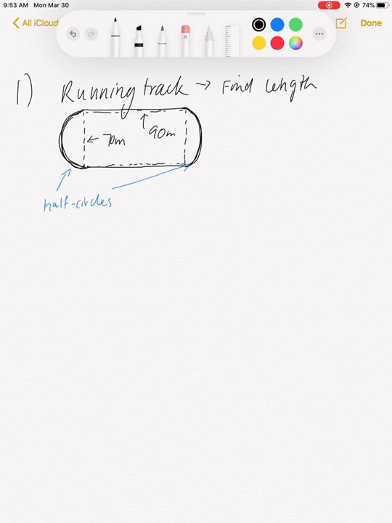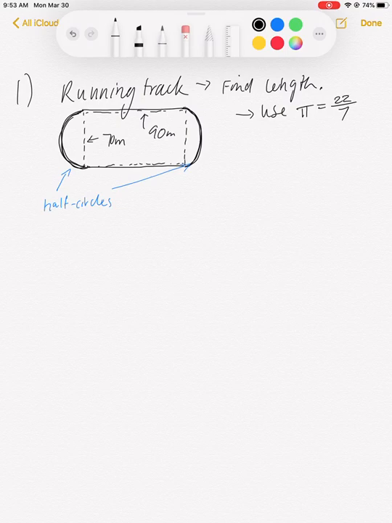We're going to use pi equals 22/7. So, the length around the track. Our plan, and this is what I want you to try to do throughout the next few homeworks, is to label each of the parts that you're finding the length or area of.